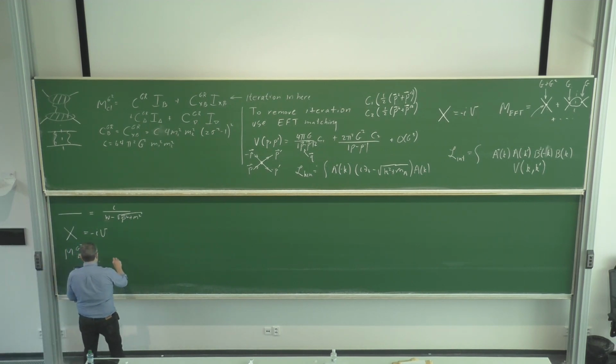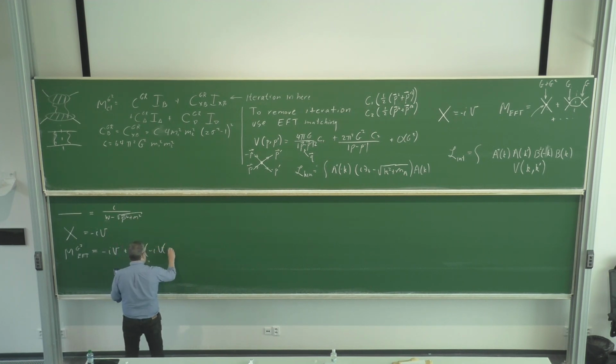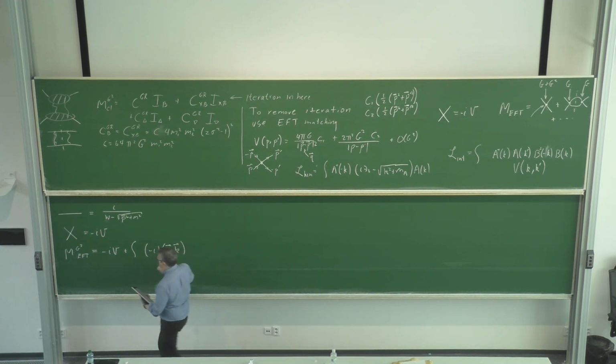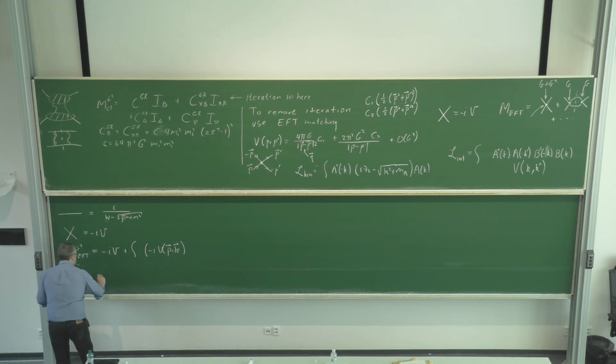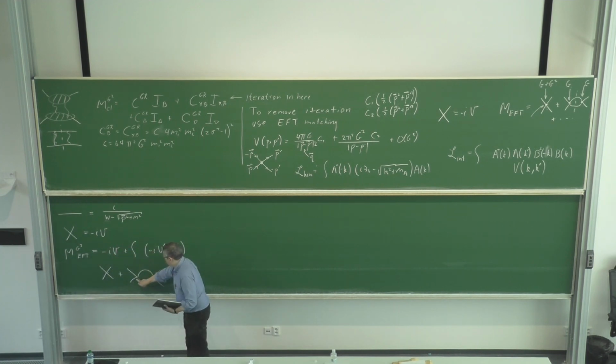Okay? So minus iV plus the integral minus iV, and we should, so p and k, maybe we should draw the picture. It's that picture. That's the first term, and the second term is this diagram. Okay, so iV, that's this corner here.